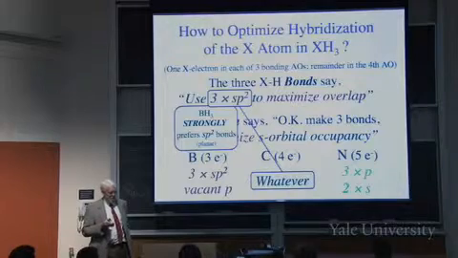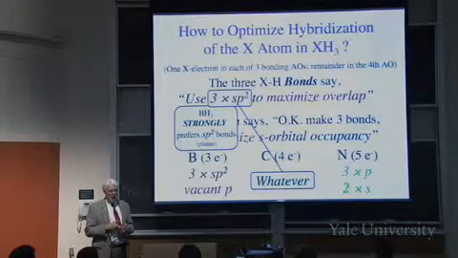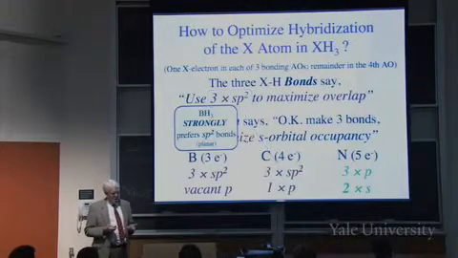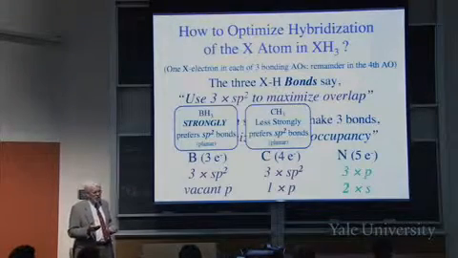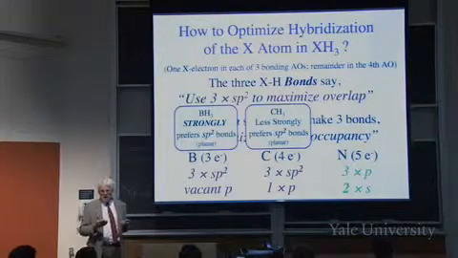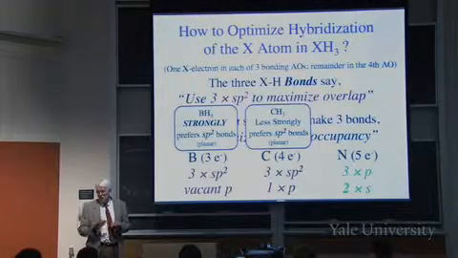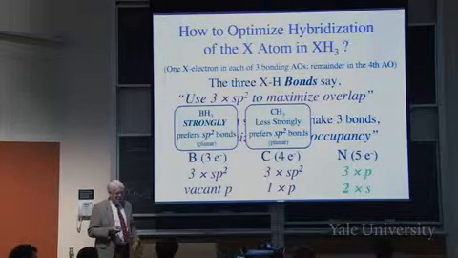So fine, be sp squared, be flat, be planar with 120 degree bond angles, but it won't care quite as much as boron does. So carbon says it'll prefer to be planar, but not as strongly, so it'll be easier to bend it, right? Because it doesn't have this consideration of leaving a p orbital vacant.